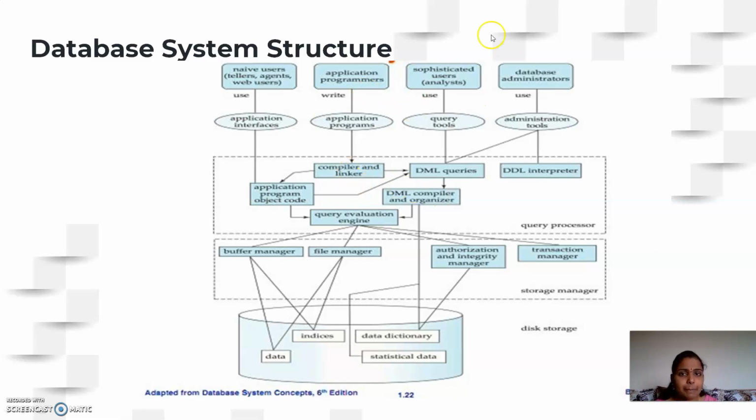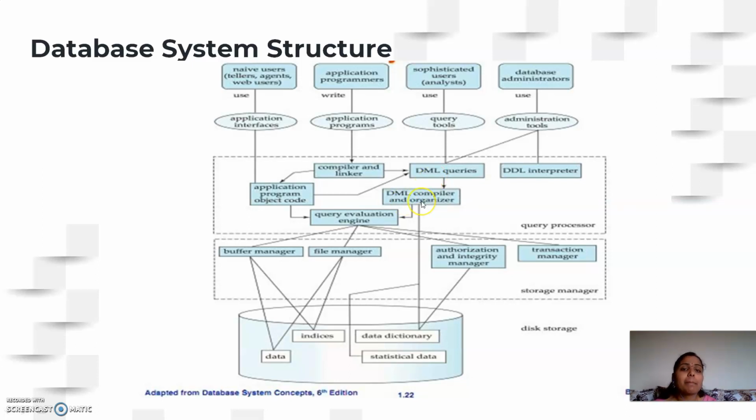From the compiler and linker we are separating the DML queries and providing them here. Along with the application program's successfully compiled object code, in the DML queries you are organizing them and providing them to the DML compiler.